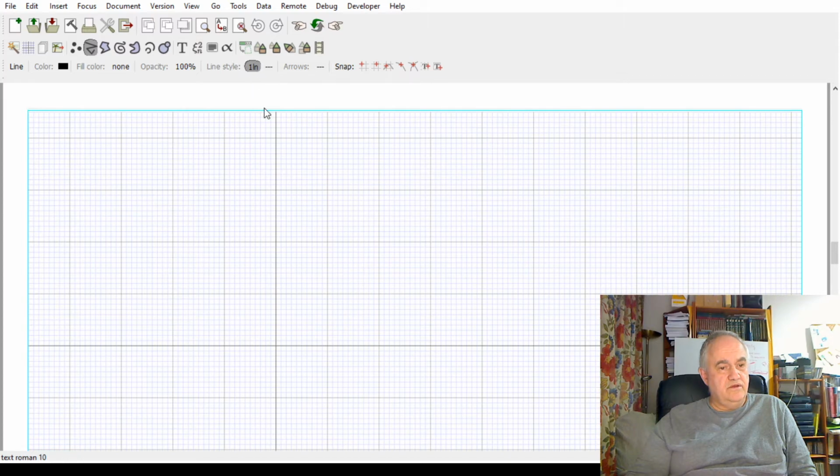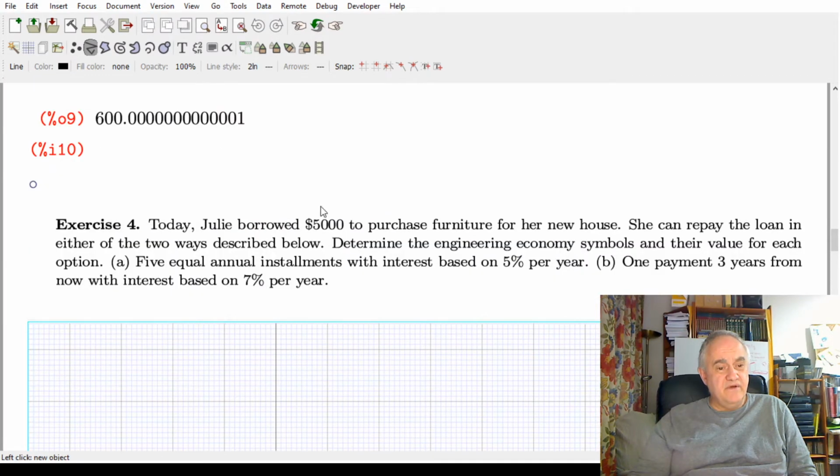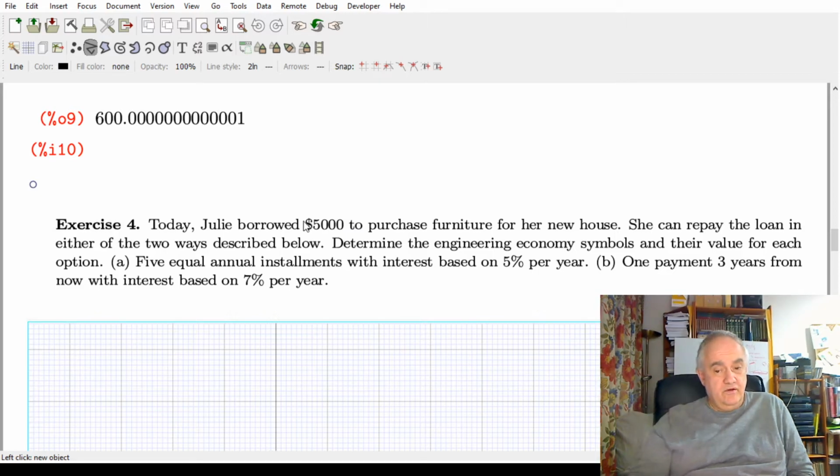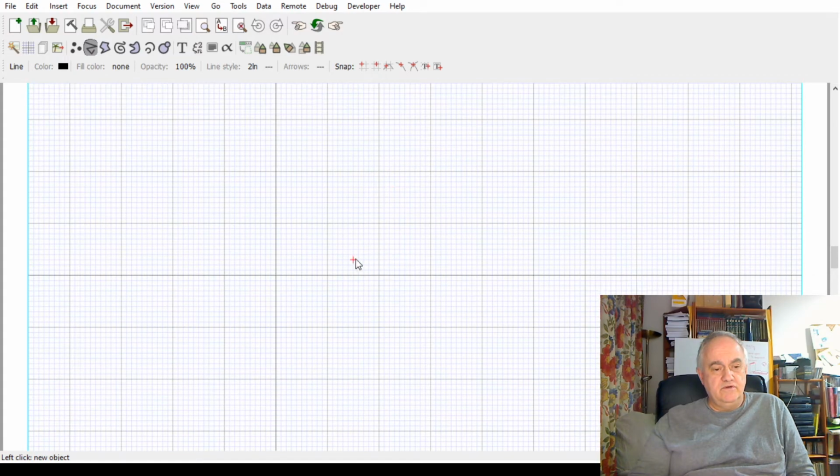And one alternative, as far as we have to pay back this 5,000, that is the money we receive, we're not gonna pay too much attention to this. We will just check which one of the proposals to paying back is cheaper.